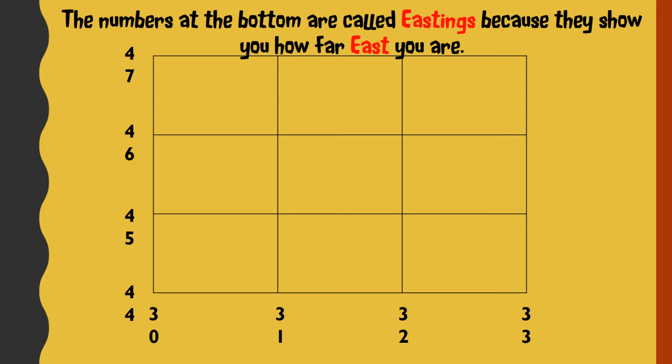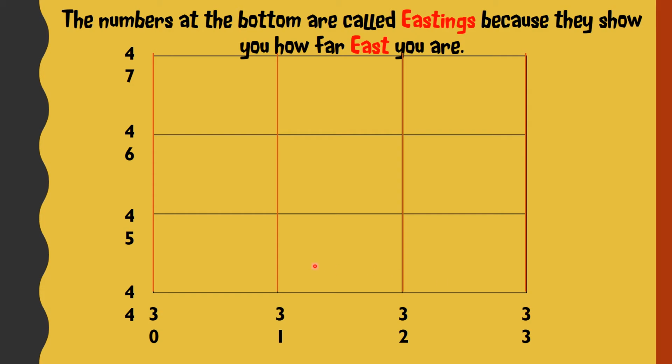So this is just an example of those squares that we saw on a map earlier on. It's split up into 1 kilometre squares, and you notice here there are numbers going along the left hand side and numbers going along the bottom. The first numbers that we're going to have a look at are called Eastings.